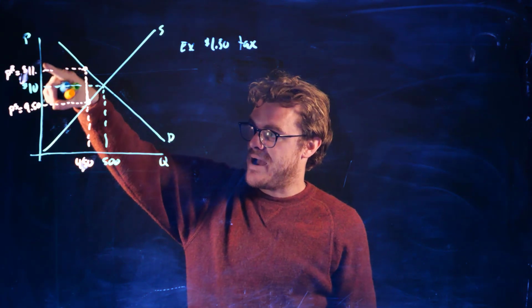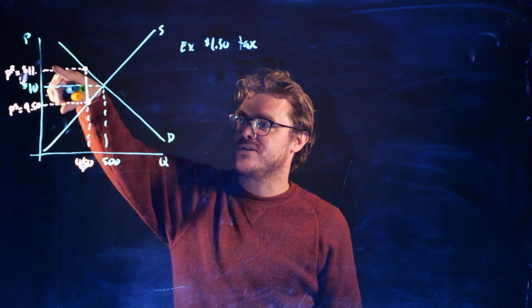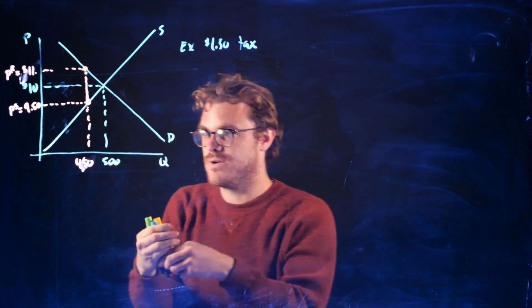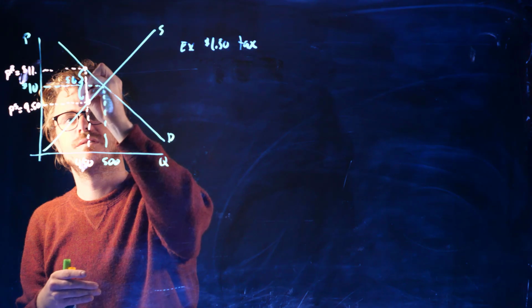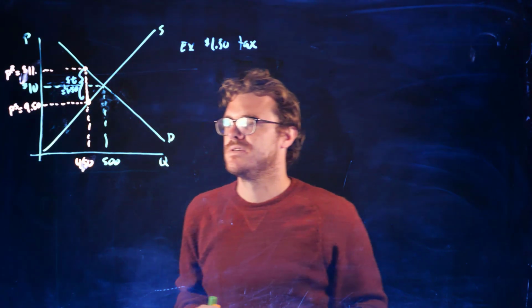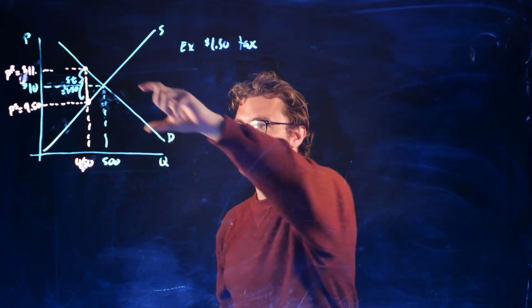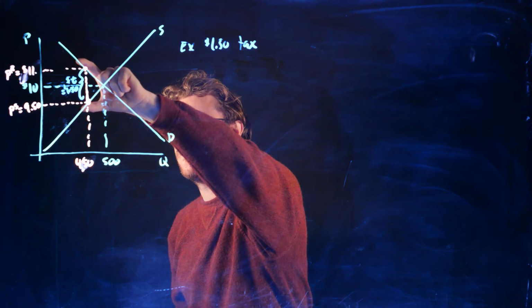Notice that the amount that the buyers pay is different than the amount the sellers get, and that difference is exactly the tax, right? So this is equal to that tax, which is $1.50 in this case. If the tax was $2, the length of this wedge would be $2. It would just be further out here.